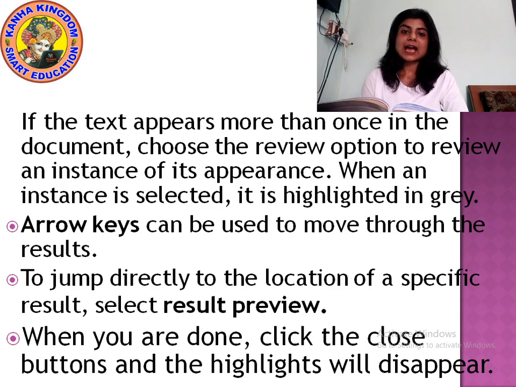If that word is written more than one time, you can go to the Review option and select that word, and that selected word will be highlighted in gray color. Understood?